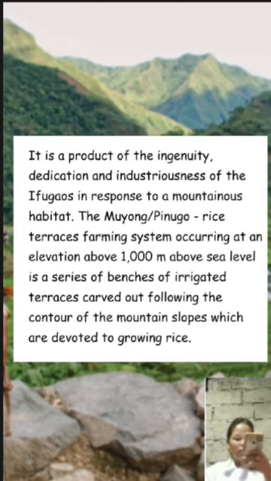It is a product of the dedication and industriousness of the Ifugaos in response to a mountainous habitat. The Muyong or Pinugo rice terraces farming system, occurring at an elevation above 1,000 meters above sea level, is a series of benches of irrigation terraces carved out following the contour of the mountain slope, which are devoted to growing rice.